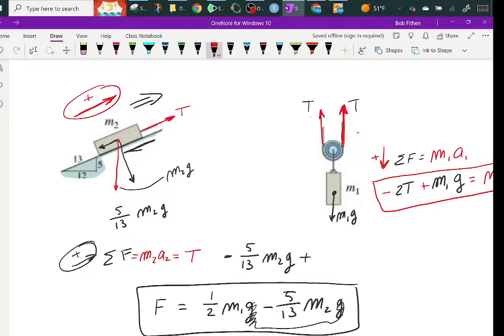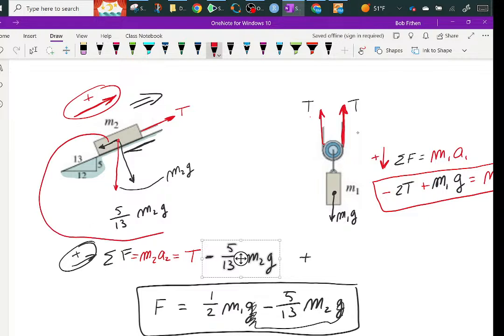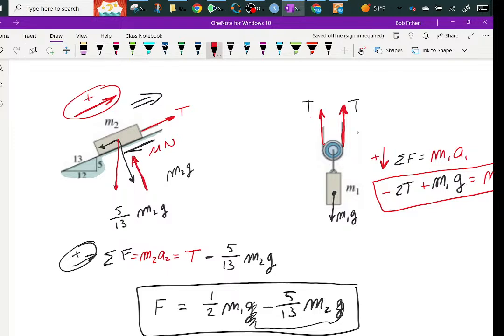I still get this minus 5/13, which is essentially this component right there. And I get this component, which is just mu times normal. I hadn't figured out the normal yet. And that is going in the slowing down direction, mu times normal, which I'll have to find in a second.